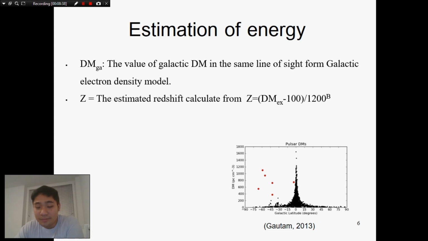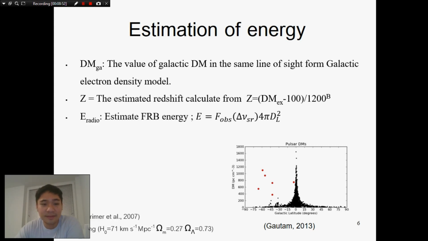It means that we want to get rid of the Milky Way galaxy contribution to the DM. We want to find how far this source is, and then we know the redshift.